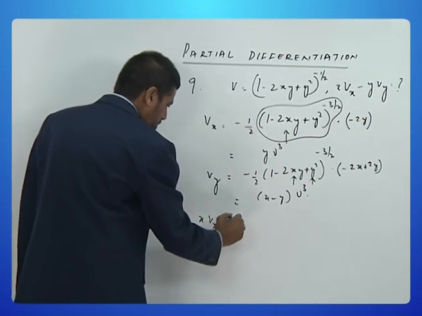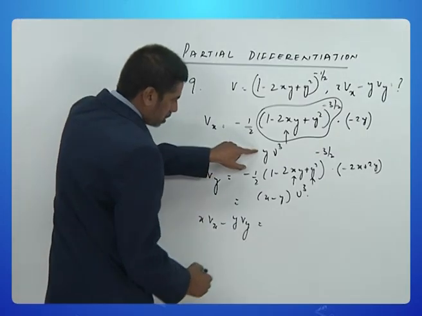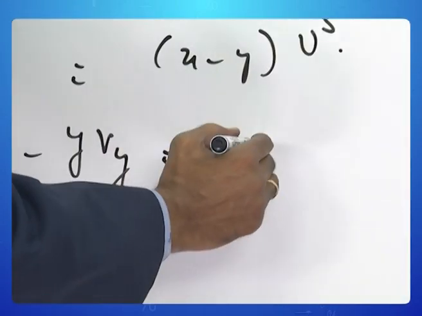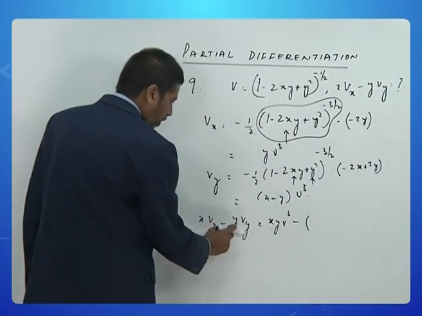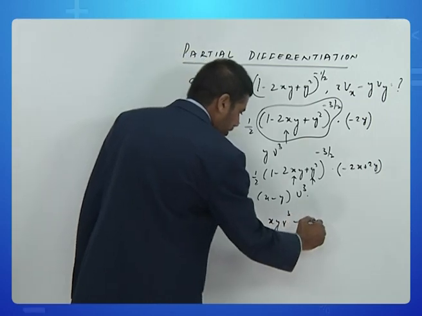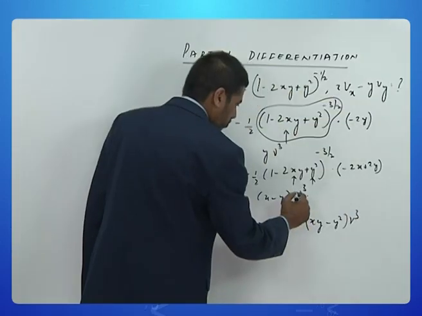So x vx minus y vy is equal to x times this, so you'll get xy v cube minus y times this, so you get xy minus y squared v cube.